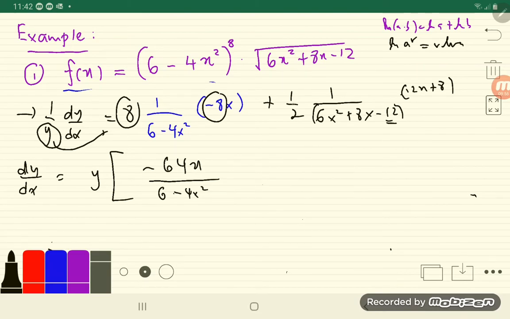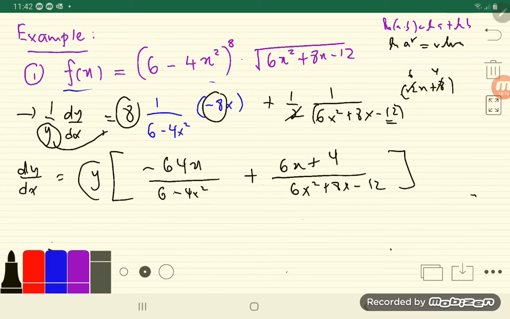And here 1 over 2 multiplied by 12 becomes 6, multiplied by 8 becomes 4. So you're going to get plus (6x plus 4) divided by (6x squared plus 8x minus 12).